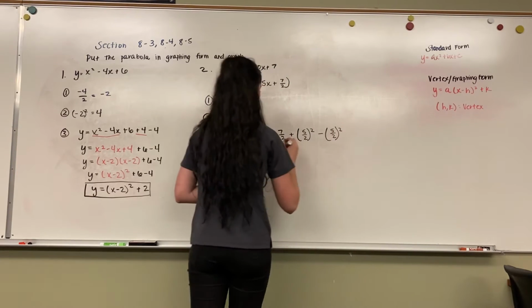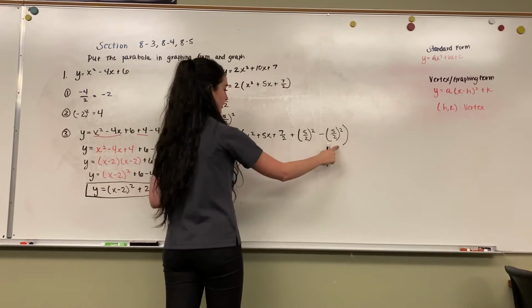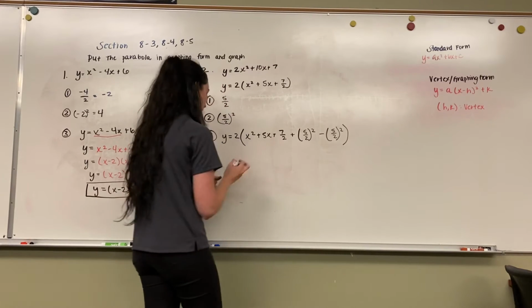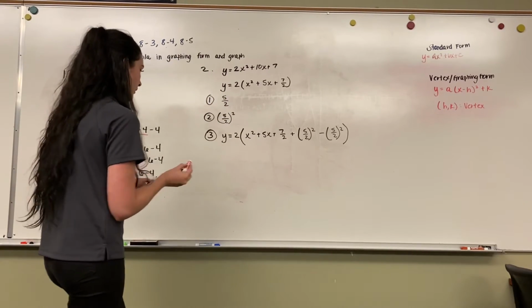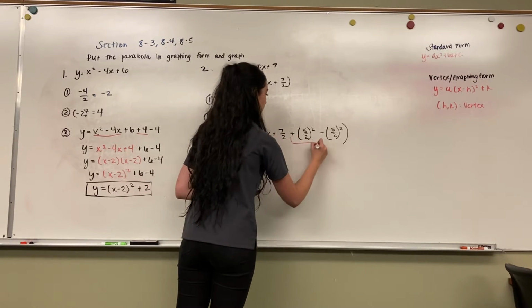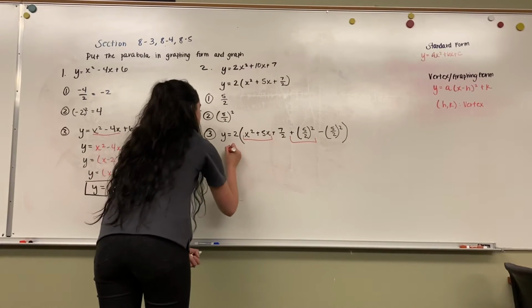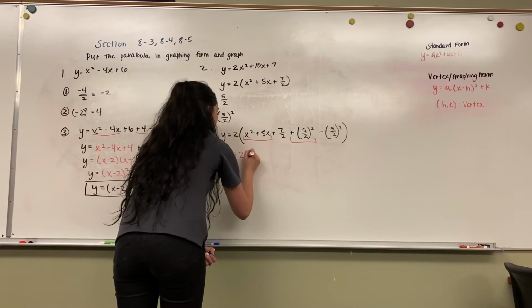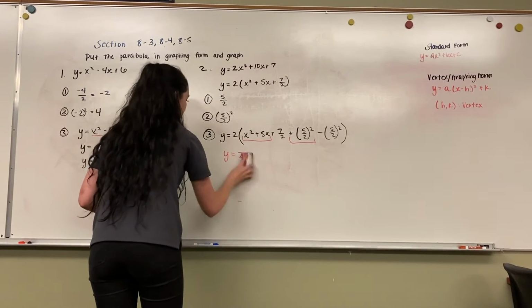Notice we didn't change anything here because this is 0. But we did find our perfect square, which I'm going to underline in red. So let's rewrite that. I'm actually going to use black.